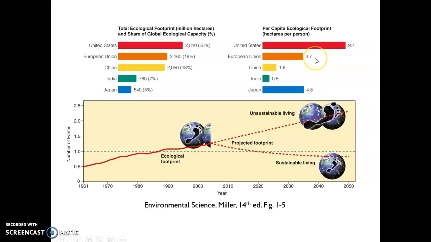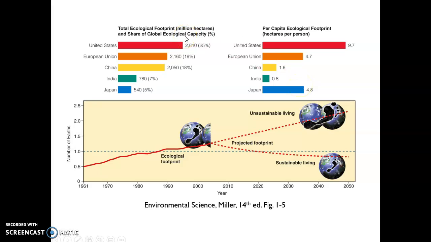So I think that's fairly understandable. When we go through the class meetings, we will look at why the United States has double the footprint of the European Union and Japan. And further, is it possible for us to reduce our footprint to levels such as the European Union and Japan have?